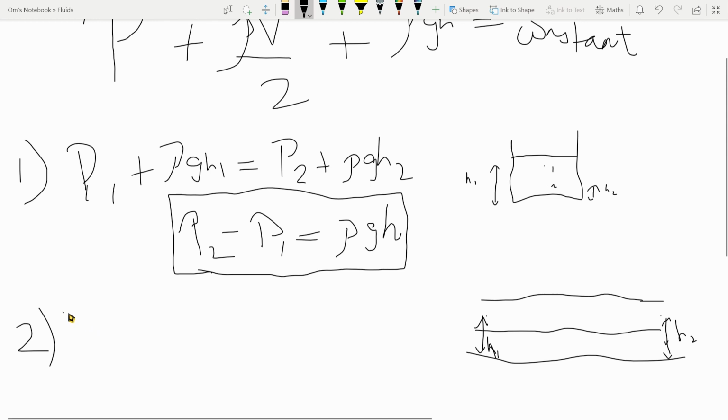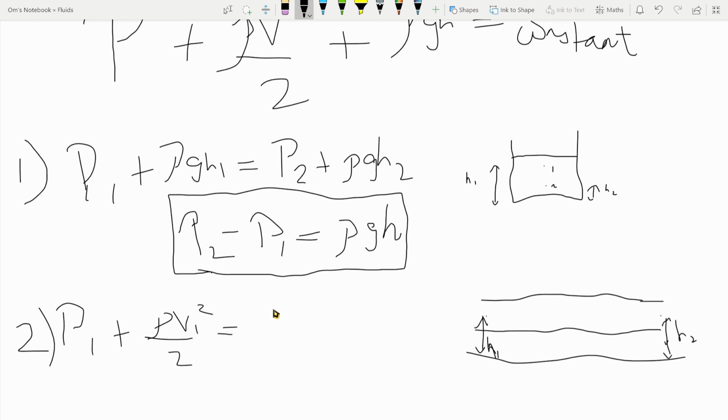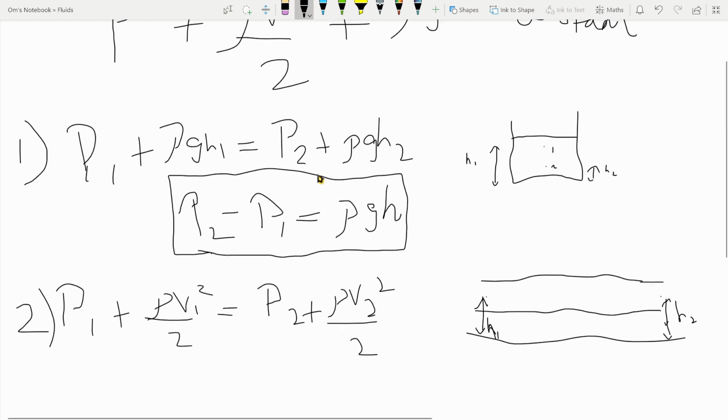So when I simplify the equation, I can write P1 plus rho V1 square by 2 is equal to P2 plus rho V2 square by 2, and I'm not writing rho g h because they get cancelled.